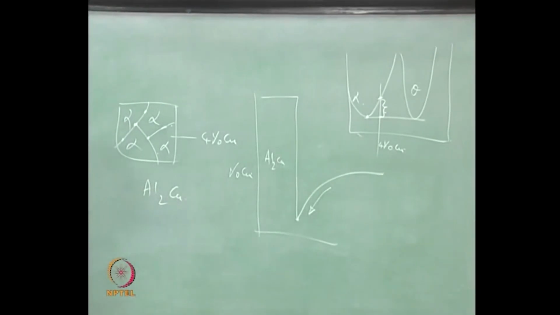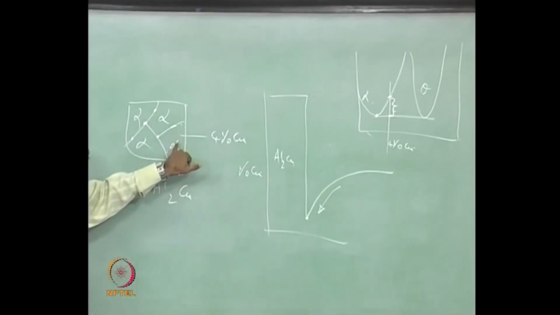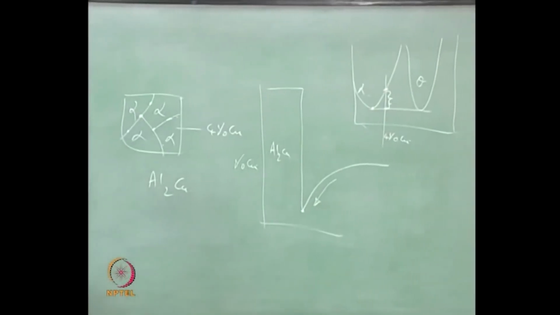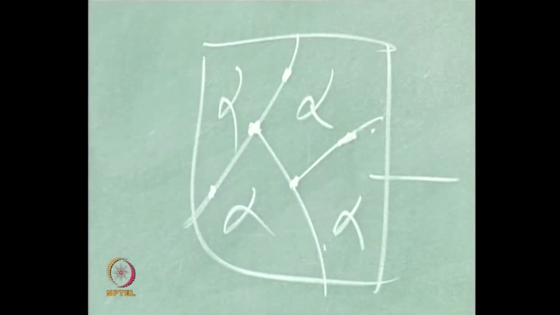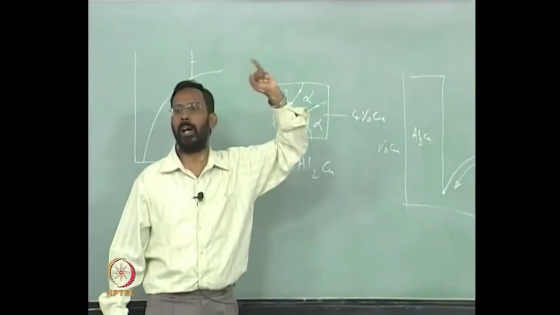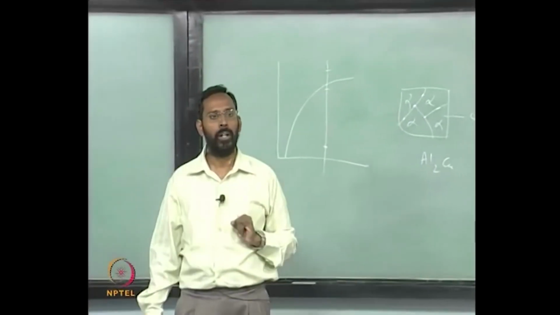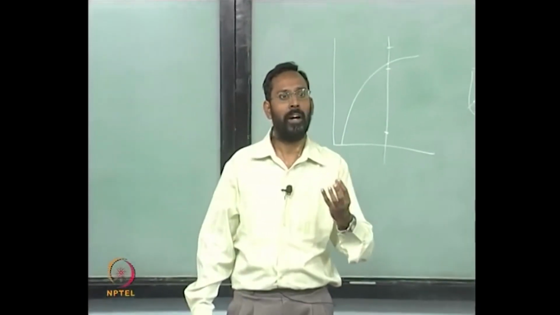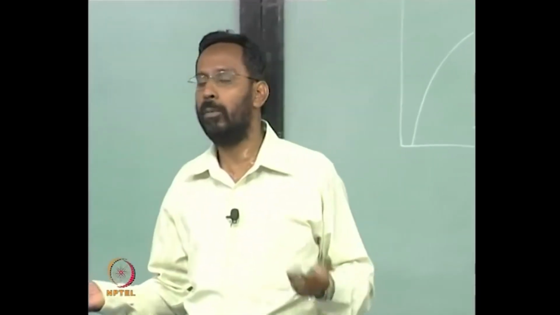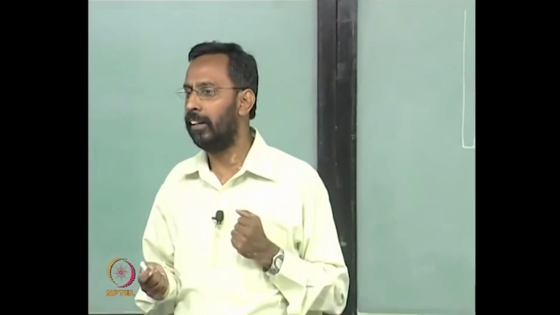If the grain boundary is not possible, because for the atoms to diffuse from the center of the grains to the grain boundary is very difficult, then nucleation and growth has to occur within the grain. So when you ask what is the need, this is the need. You should know that nucleation at the grain boundary and growth is difficult because the diffusivity is low. Then the system has to look for ways of nucleating within the grain, and if it is within the grain, there is no possibility of theta nucleating within the grain.